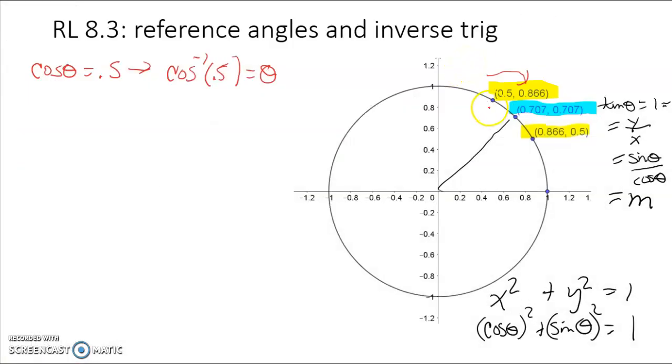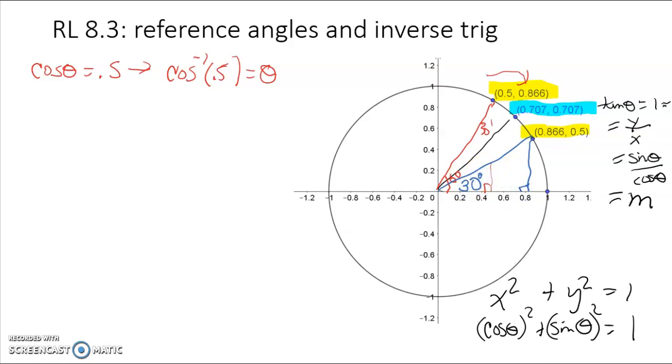So if this is a 60-degree angle, the other part we learned last time is if these numbers are switched, this must be a 30, 60, 90. So that means this angle measure that takes us to 0.866 must be a 30-degree angle.